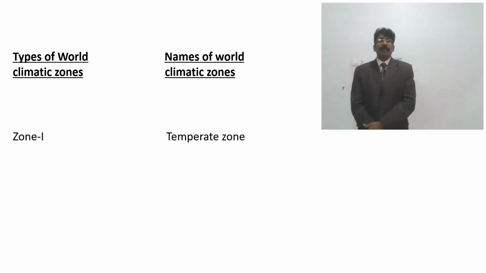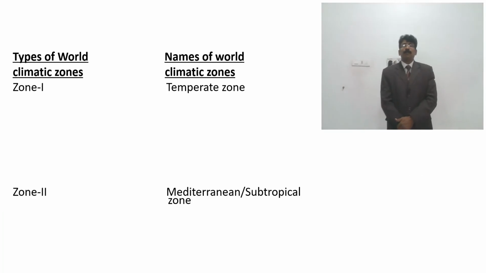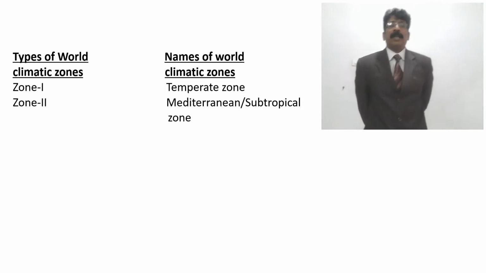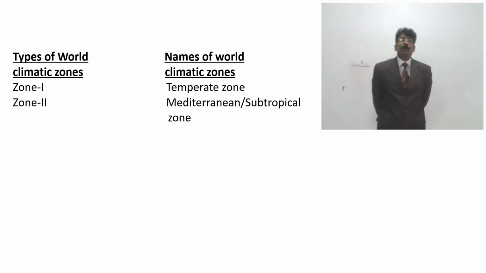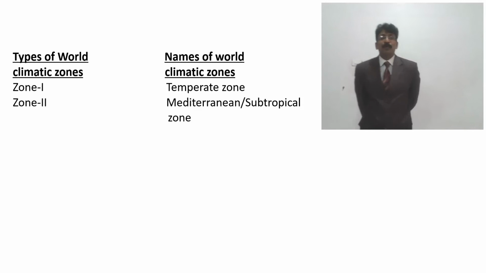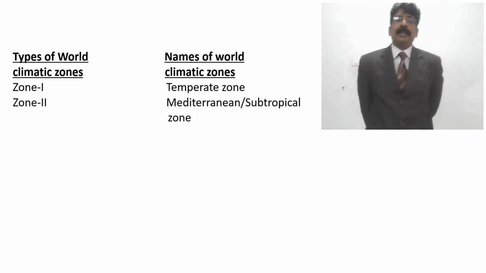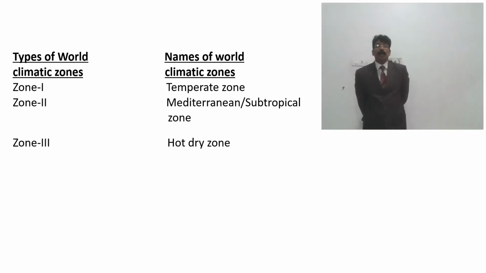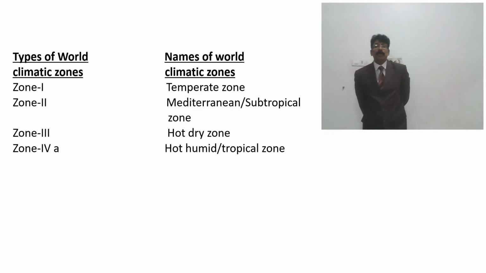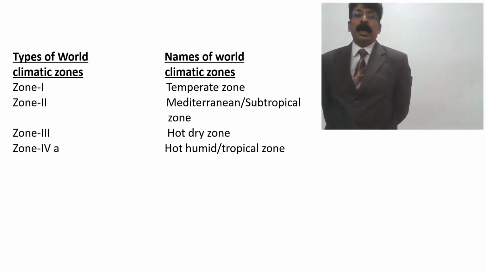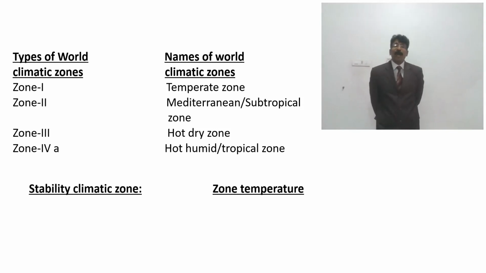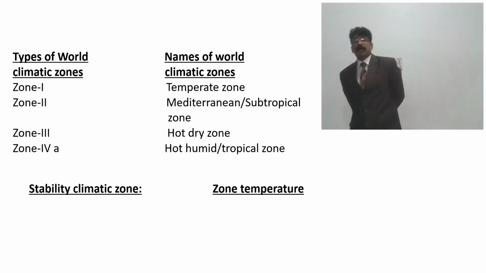And there are some zones which we want to know about, that is, the types of world climatic zones, for example zone 1, zone 2. Zone 1 is the temperate zone, zone 2 is the Mediterranean or subtropical zone, zone 3 is the hot dry zone, and zone 4A, which they denoted as 4 only, is the hot humid tropical zone, where you can see stability climatic zones and how they are denoted.